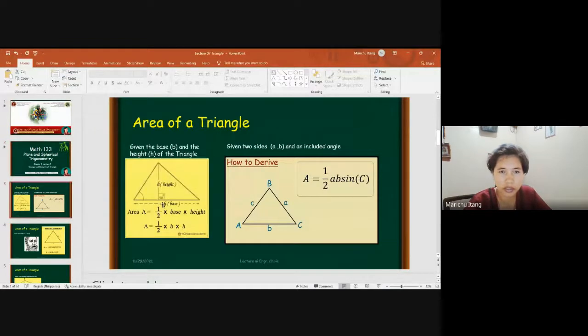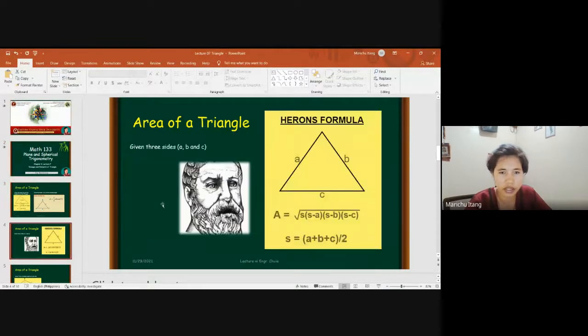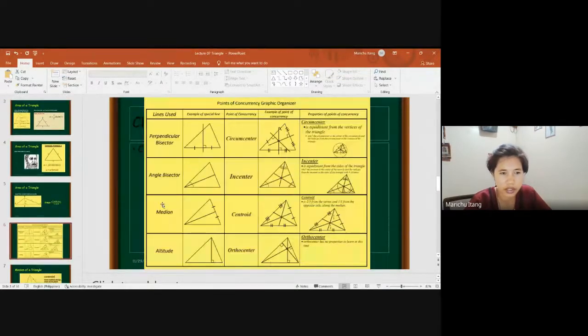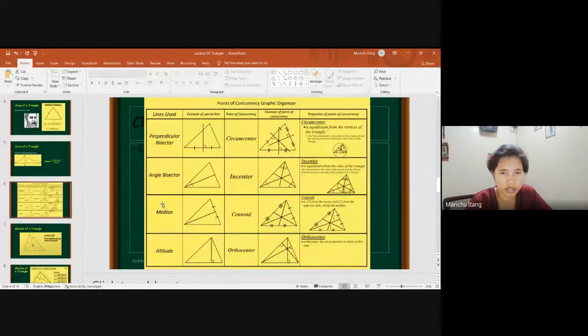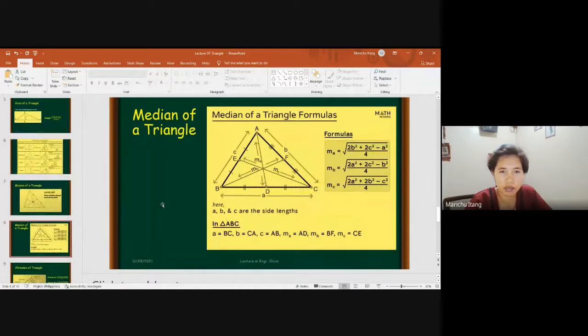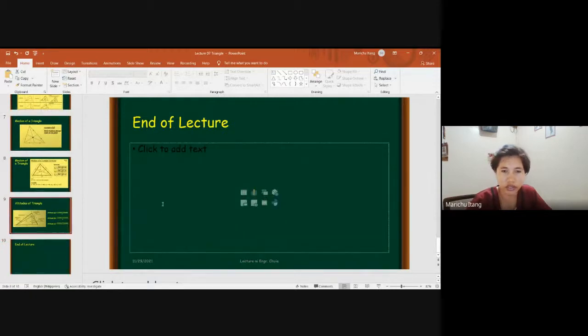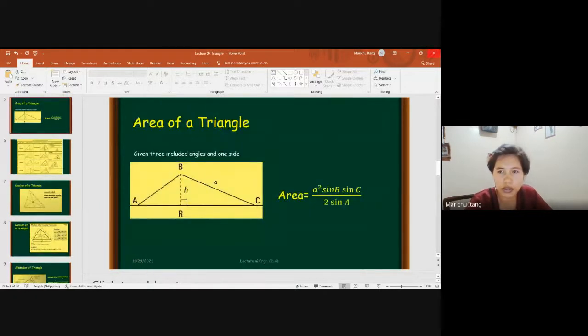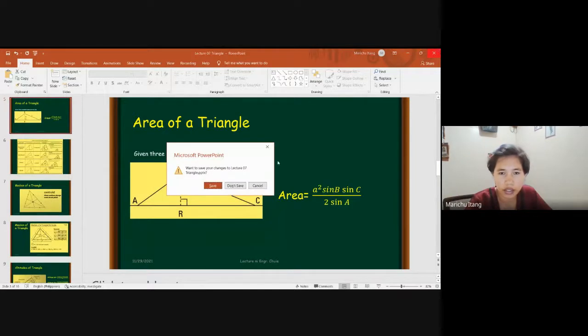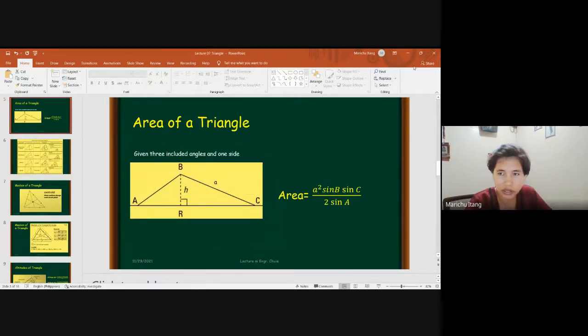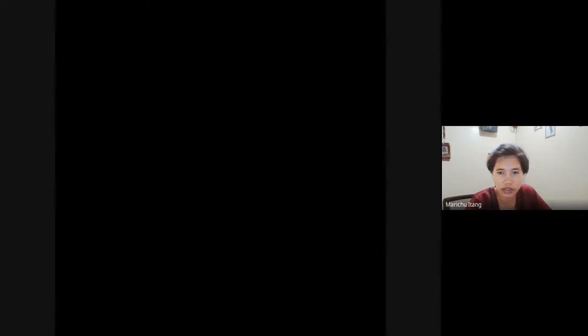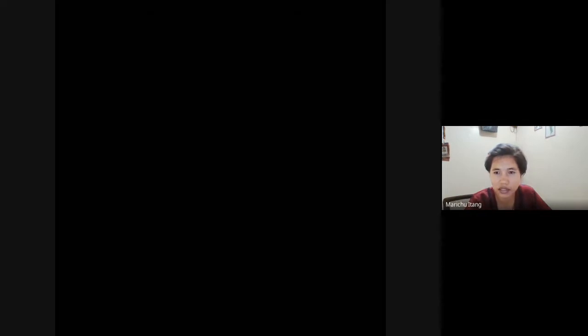This is all about computing the area of the triangle, determining the median of the triangle, the altitudes of the triangle, and so on. Since we don't have time, I'm going to give you the recording of this lecture. Since on Wednesday, we're going to start discussing the spherical triangle.